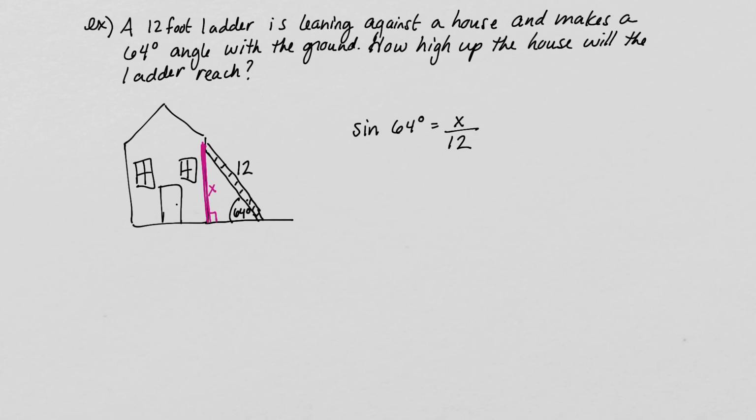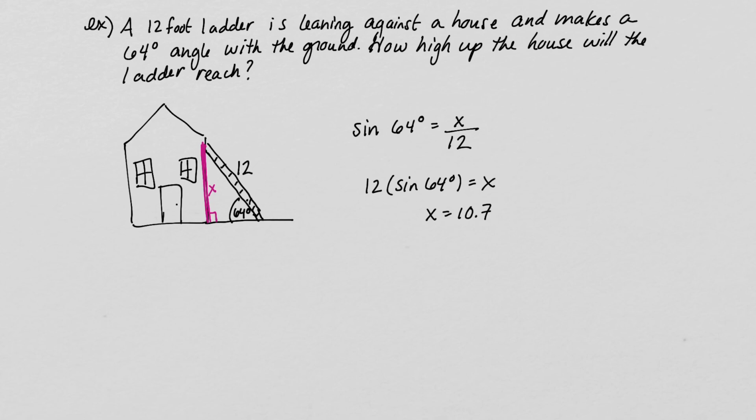Yeah, I need to multiply both sides by 12 to move the 12 over to the other side. So 12 times the sine of 64 degrees is going to be equal to x. And so now all you have to do is punch that in your calculator. So if you punch 12 sine of 64, you should get x equals 10.7.